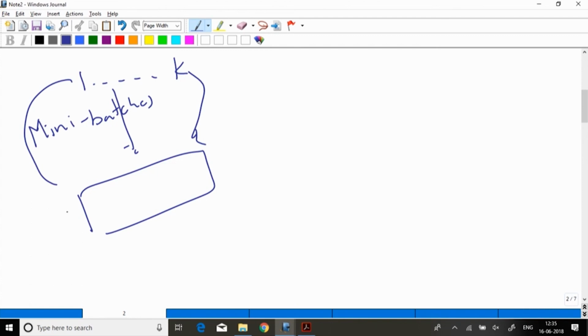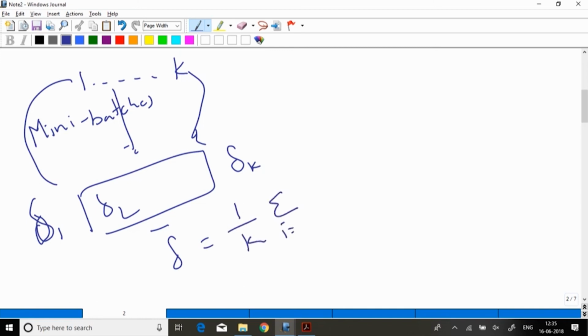So, is this clear? If you have gradients, let us say delta 1, delta 2 till delta k, your mini batch gradient delta bar is going to be 1 by k summation over i equals 1 to k of delta i, and then you run w t plus 1 equals w t minus eta t delta bar t.